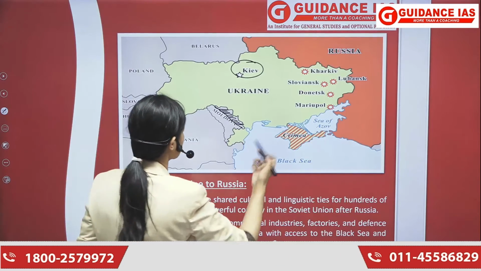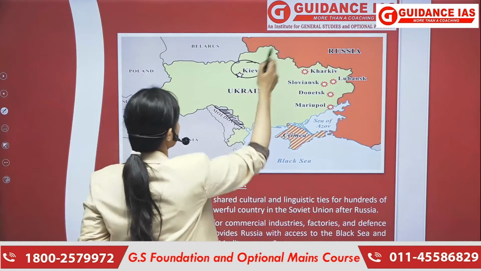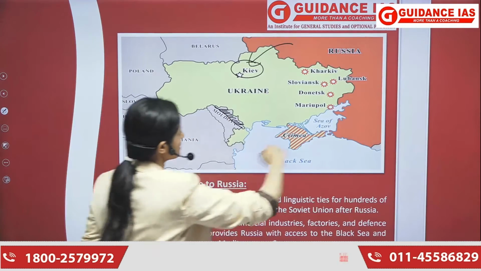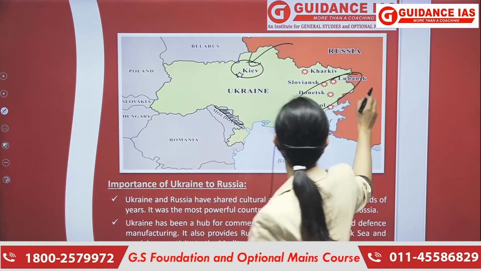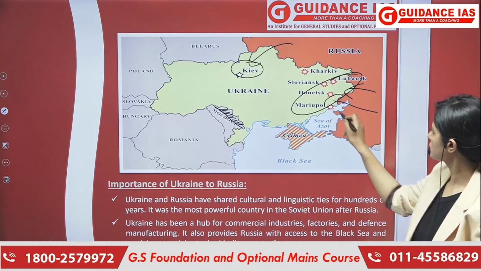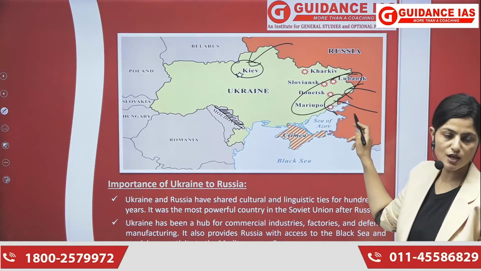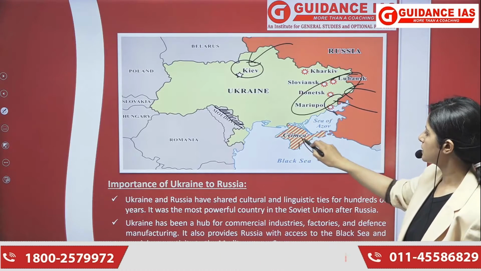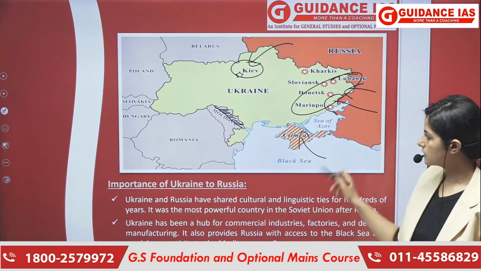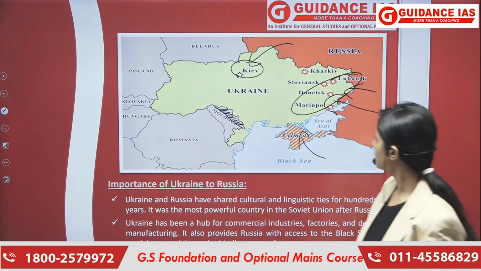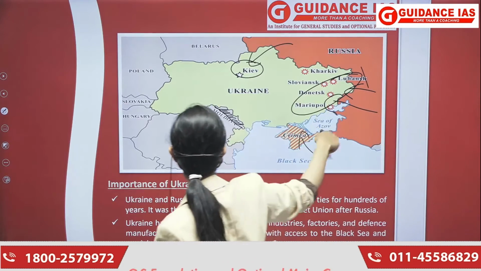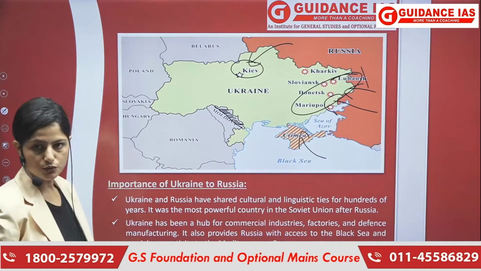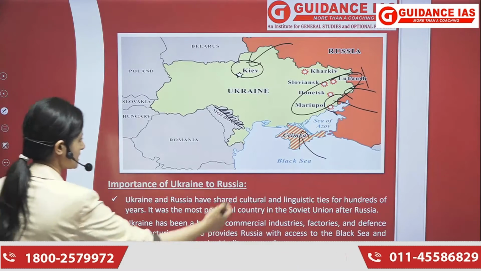So Russia is basically trying to attack Ukraine, Kiev, from these two portions also, and that is why Russia has recognized the independence of Luhansk and Donetsk. From Crimea also, which they annexed in 2014, so from Crimea also, right? So from all sides Russia is trying to attack Ukraine, right? Black Sea, I've told you.